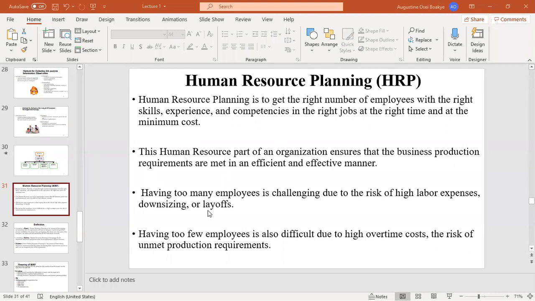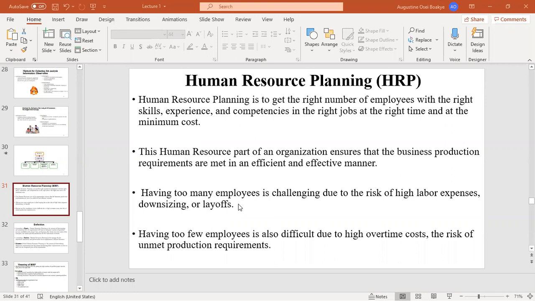Now, you all agree with me that in an organization where you have too many people chasing few positions will be a huge risk to the organizational success.